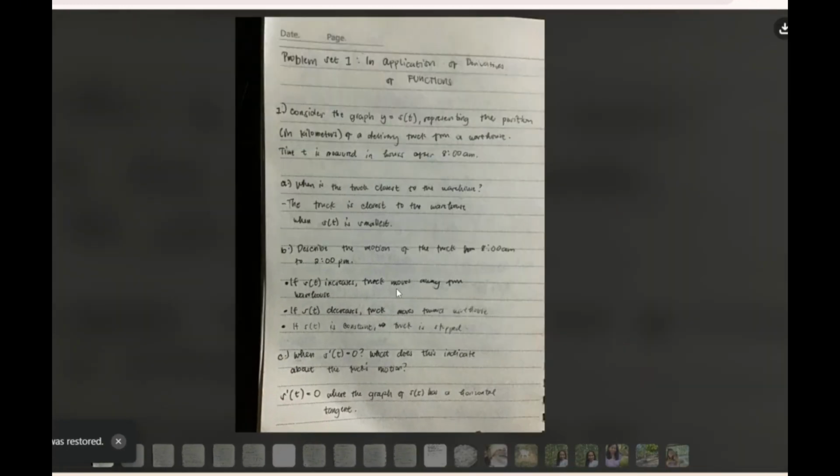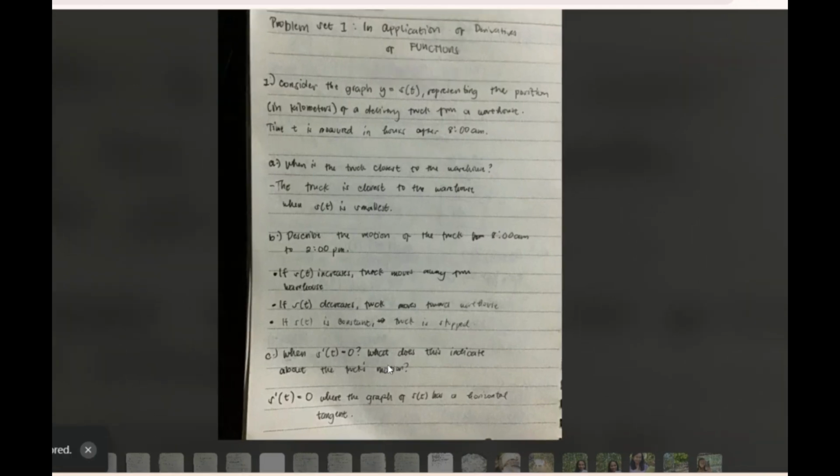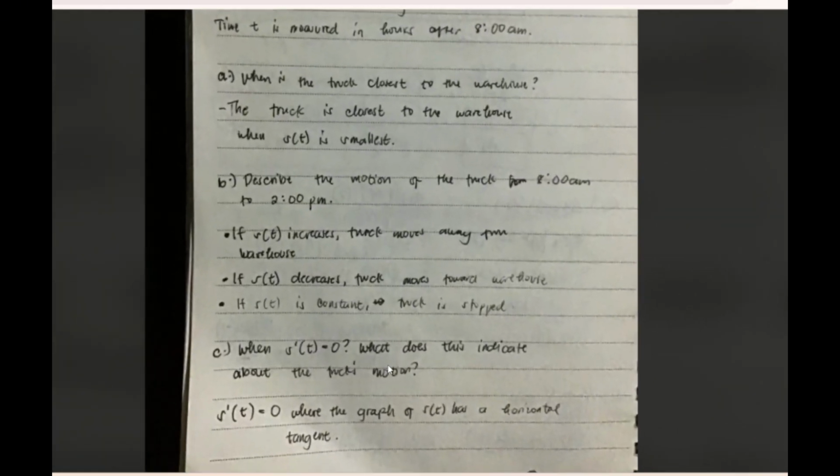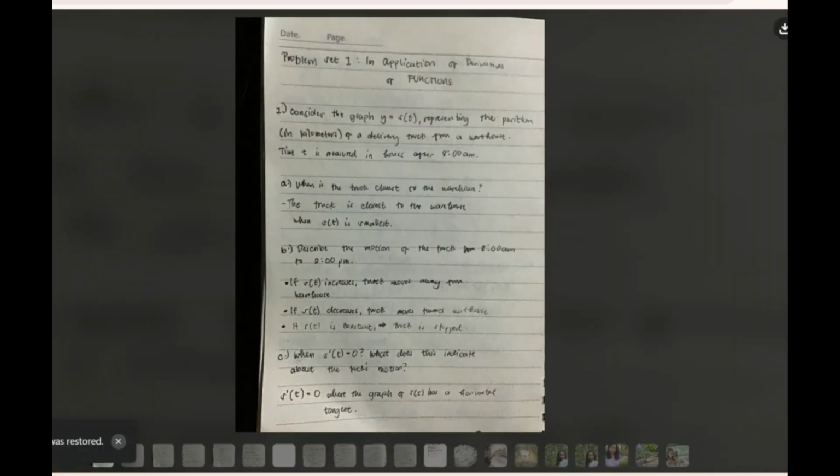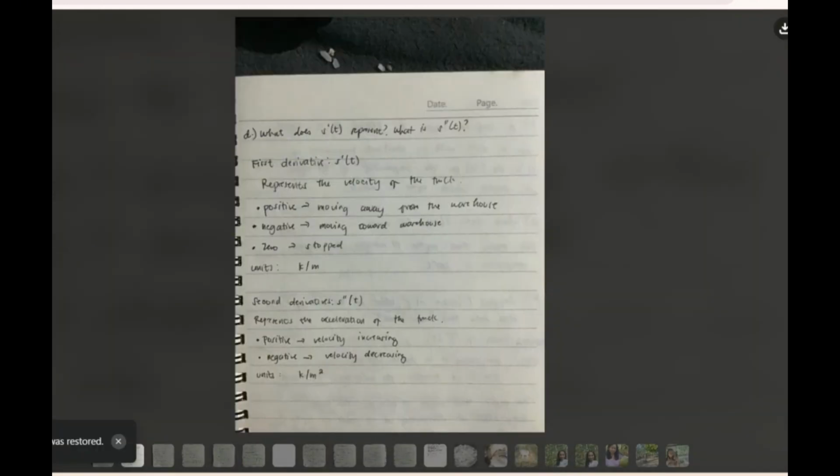That is the answer for when s prime of t equals 0 and its indication about the truck's motion. So that is our answer for letter C.